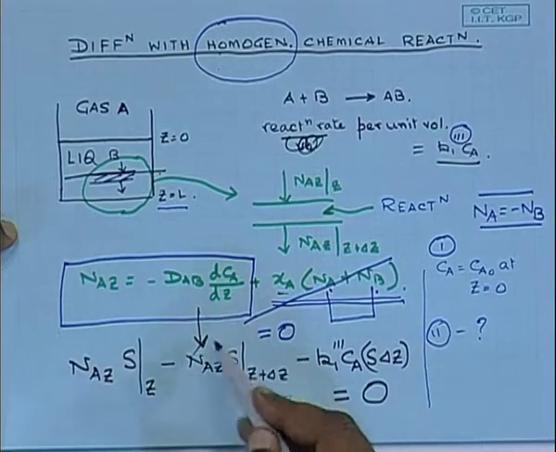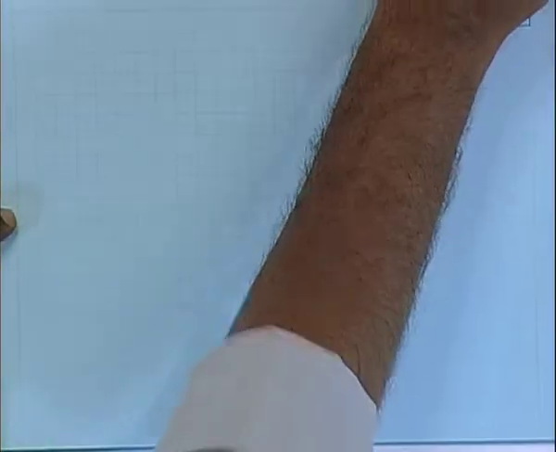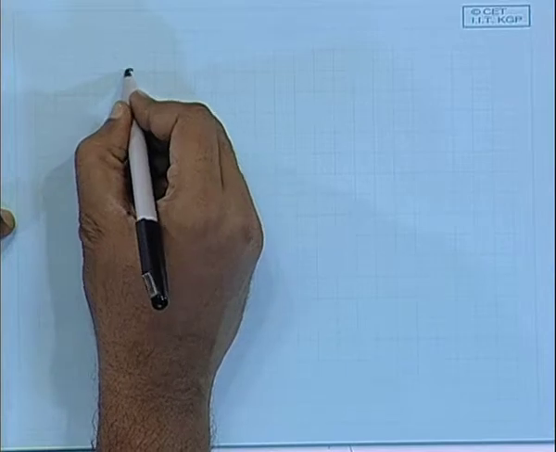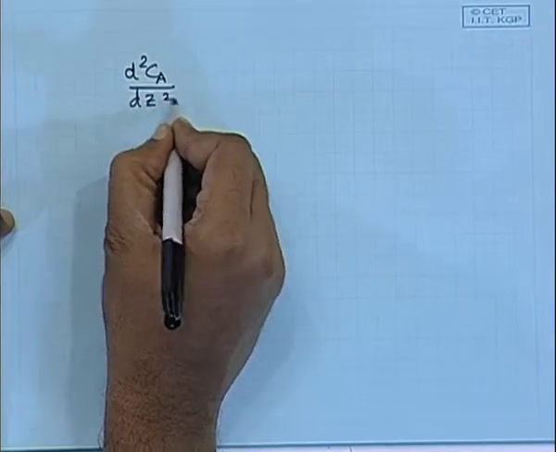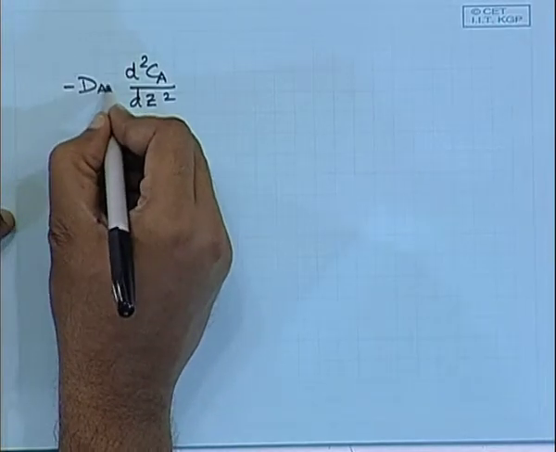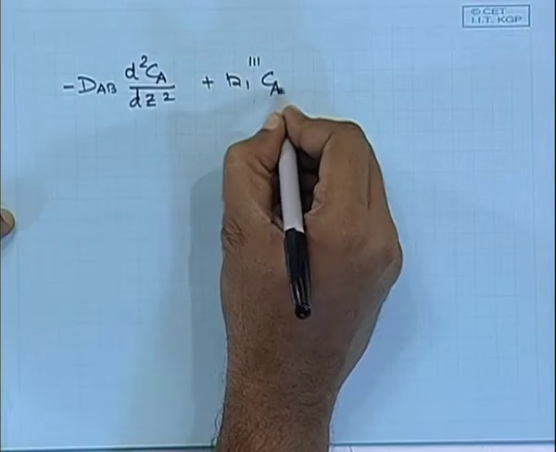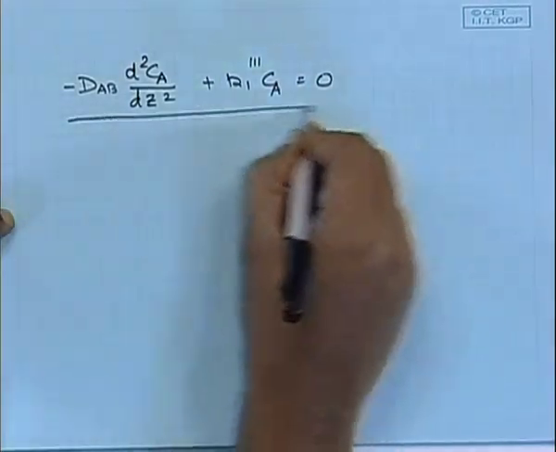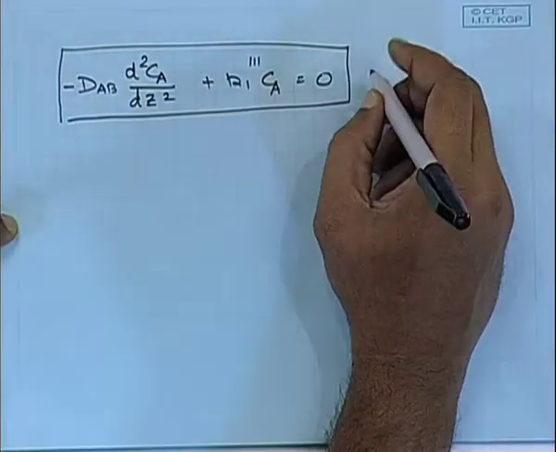So, if I substitute everything and simplify, the next step would be the ultimate governing equation.